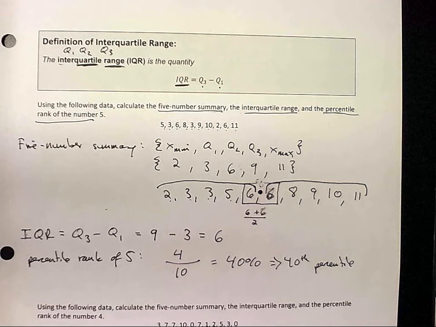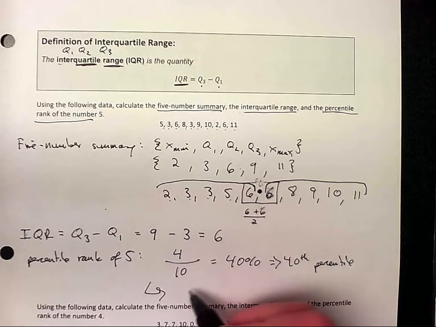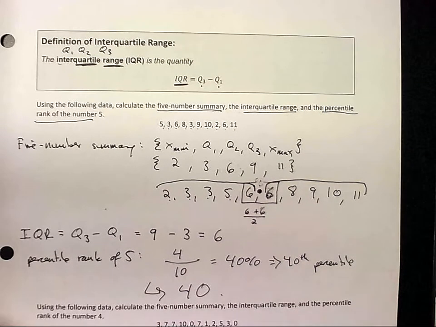If 5 is the 40th percentile, then what is the percentile rank of the number 5? This is just 40. Everybody good with the percentile rank of the number 5 being 40? Any questions about this first example?